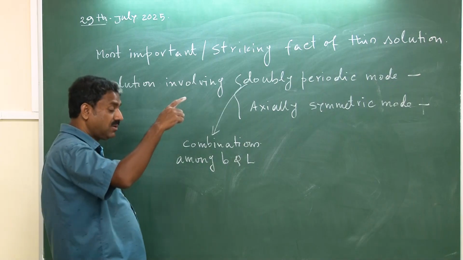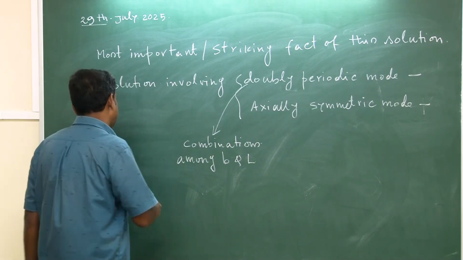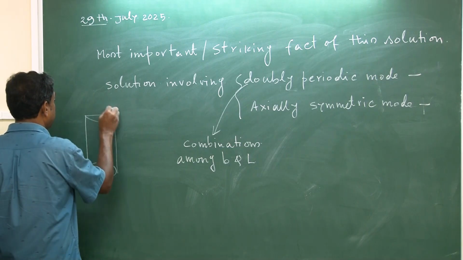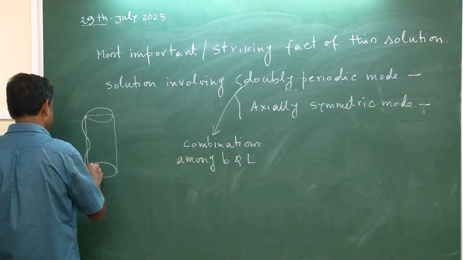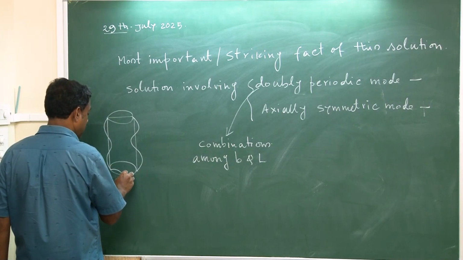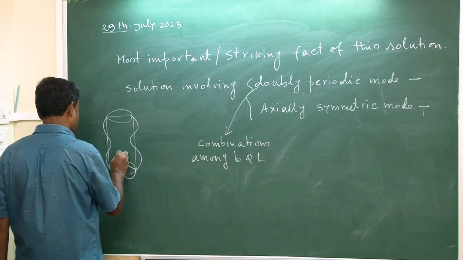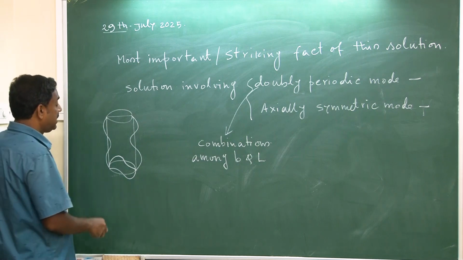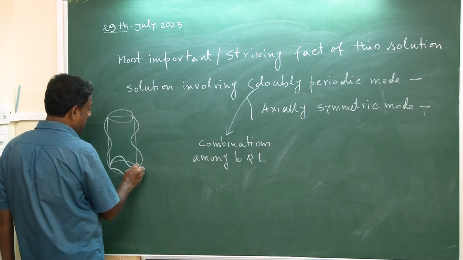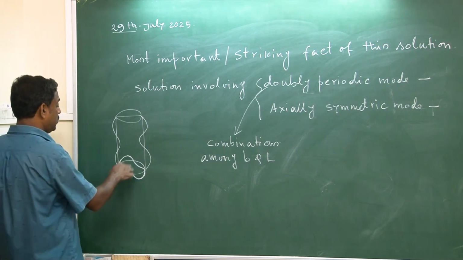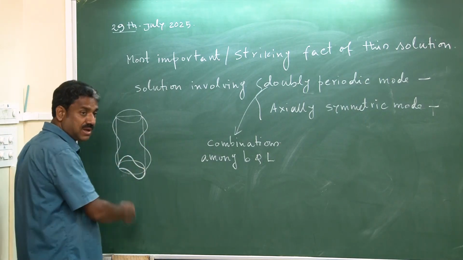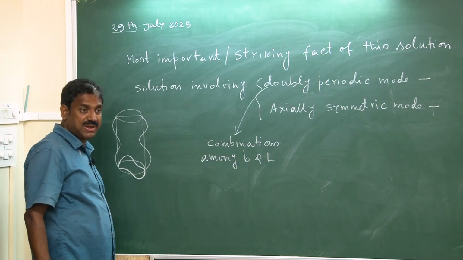That means along the circumference you can have modes like this, right? And of course, here I am having more modes, more wave numbers, but you can consider two wave numbers. So, there can be combinations between the longitudinal as well as circumferential half wavelengths, right?